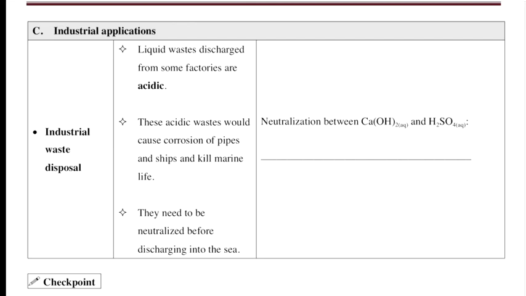So how do we do it? We often use calcium hydroxide to neutralize the acidic waste. So it will undergo this reaction and produce calcium sulfate.